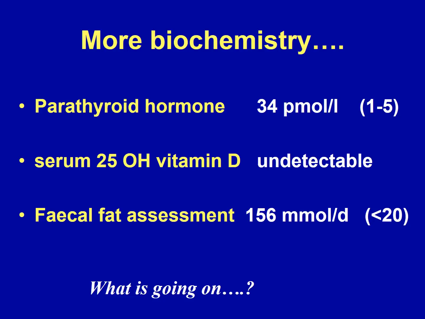Remember, vitamin D is a fat-soluble vitamin, and when fecal fat levels were assessed, they were markedly elevated. So she has evidence of marked malabsorption causing vitamin D deficiency and hypocalcemic, hypophosphatemic osteomalacia. Why has she got that is the question.